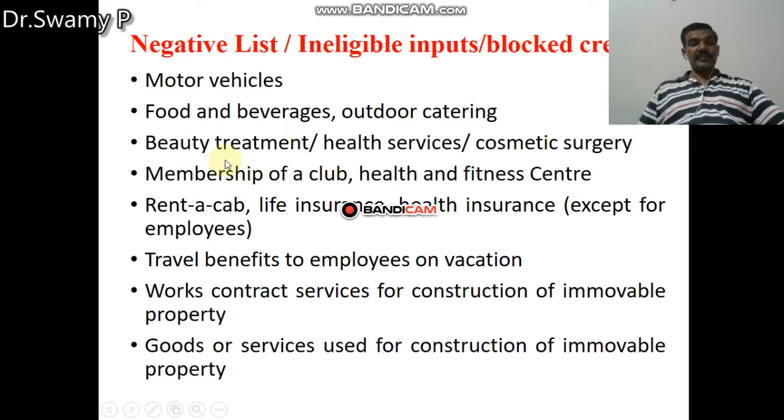The second one is food, beverages and outdoor catering, which is also not eligible for input tax credit. Usually these are items or goods used for final consumption.